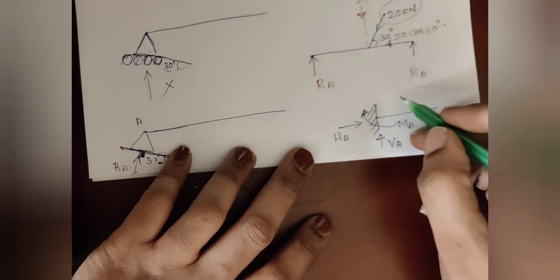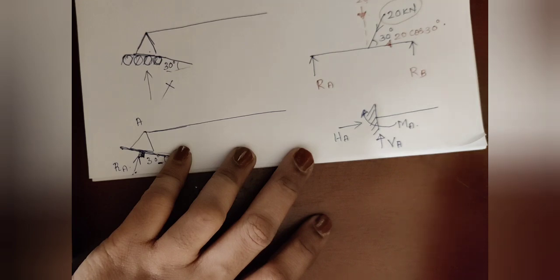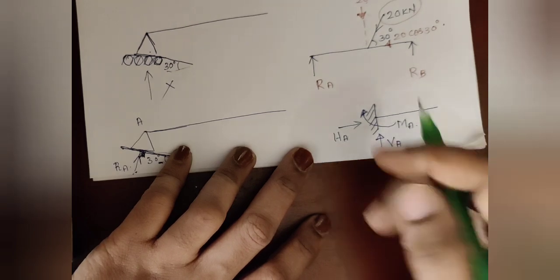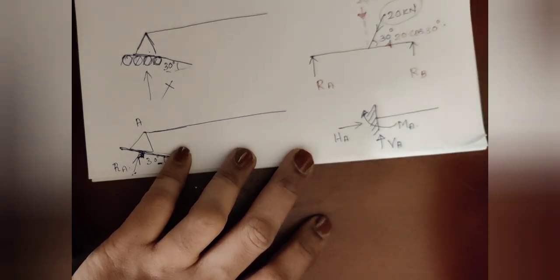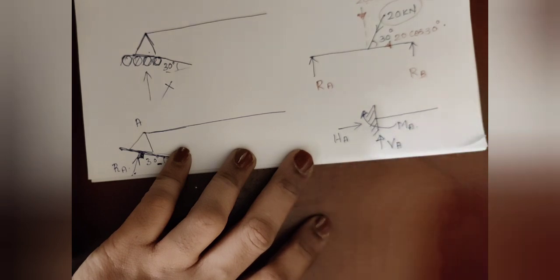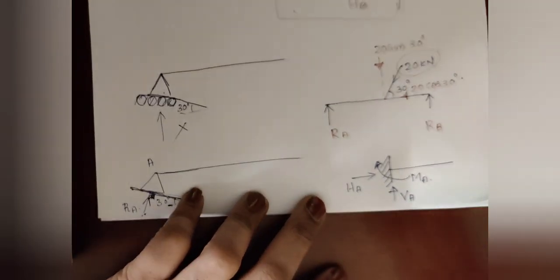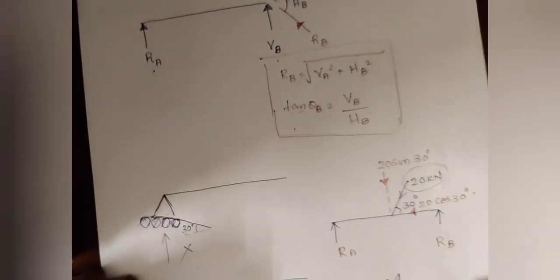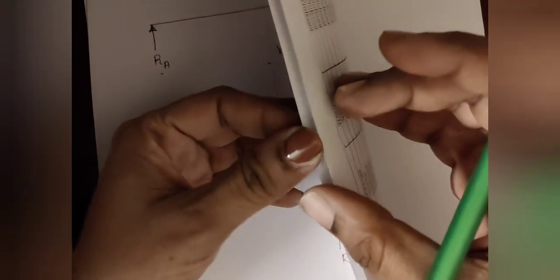Here we are assuming the direction of the moment as clockwise. So if a fixed support is given, you have to draw these three reactions. All these points you have to remember while analyzing a beam. So this is a very important topic.